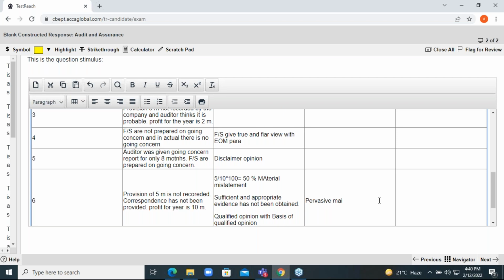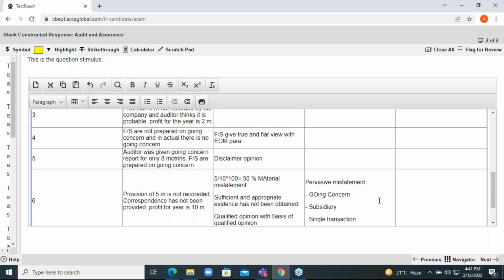Pervasive misstatement is the misstatement that is related to going concern or subsidiary or any single transaction, like inventory, impairment, provision, asset, revenue.